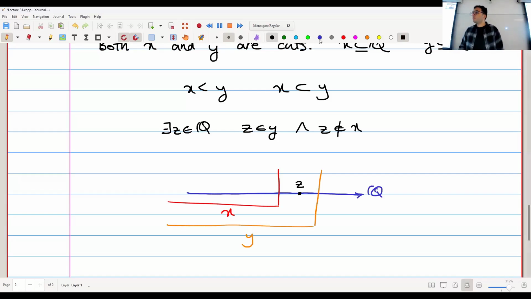Let's call it Z. Right? But now I can look at this Z, instead of as an element of Q, I can just do a cut at Z, and I can look at it as an element of R. So I can just do this cut, right? And then Z is between X and Y. Fill out the details yourself. I'm not going to write all the details.